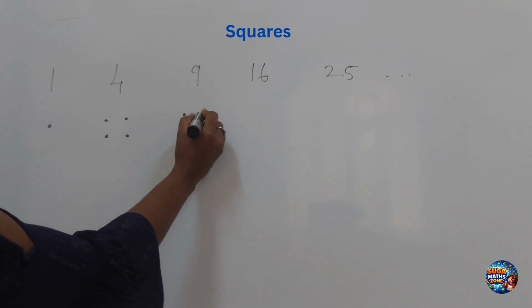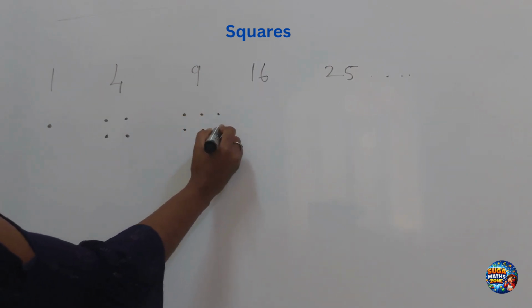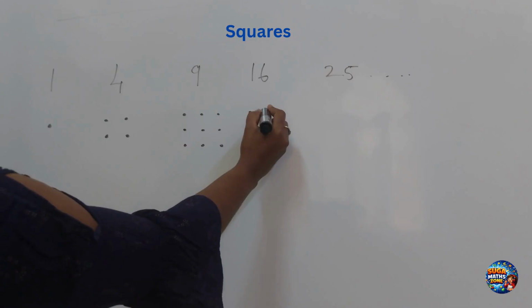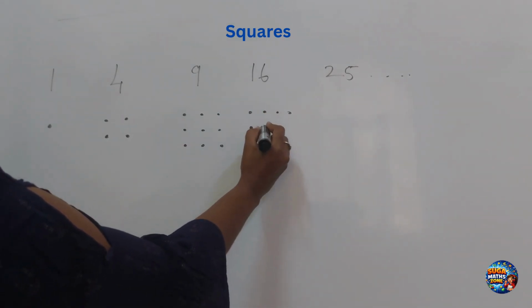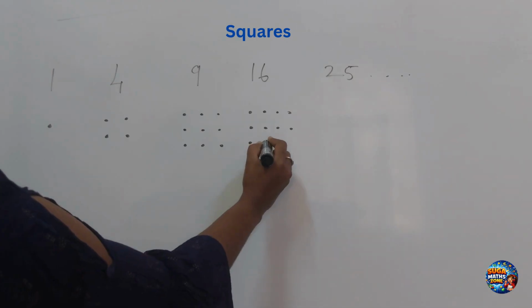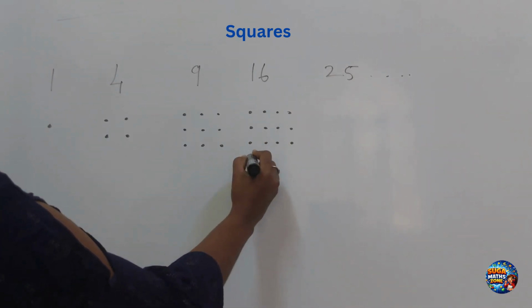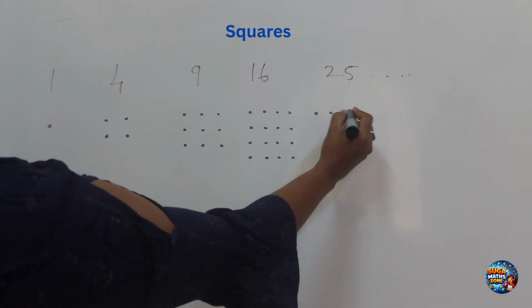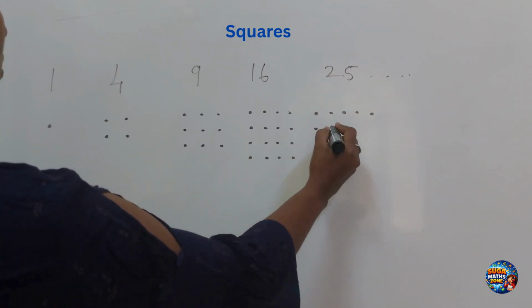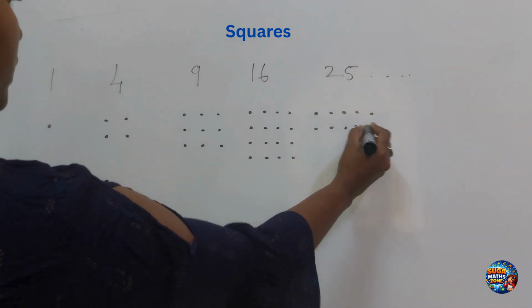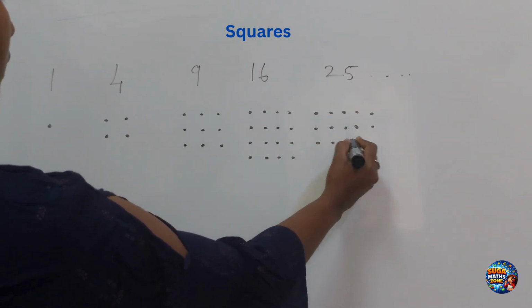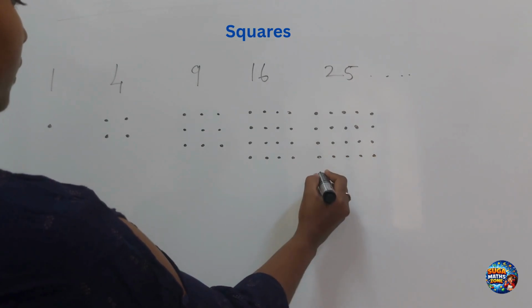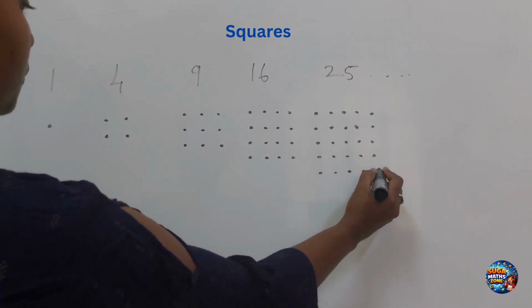Then 9 dots, the next one is 16 dots, and then 25 dots.